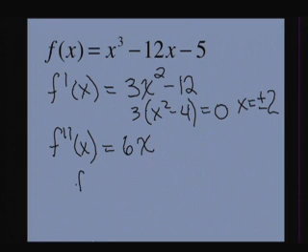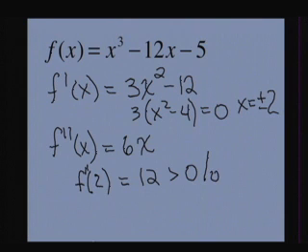Of course, the 12 is a constant, so it goes to 0 when we take the derivative. Therefore, f double prime of, let's take 2 first, is going to be equal to 12. And of course, 12 is positive, and that tells me that I have a local minimum point.